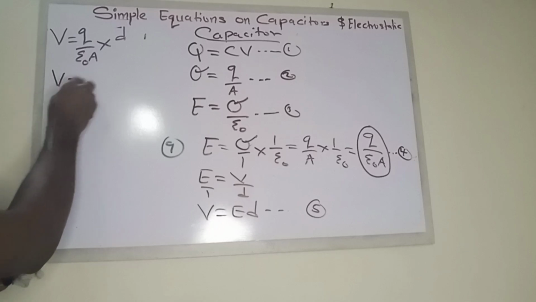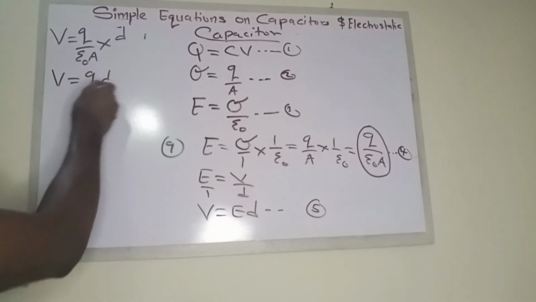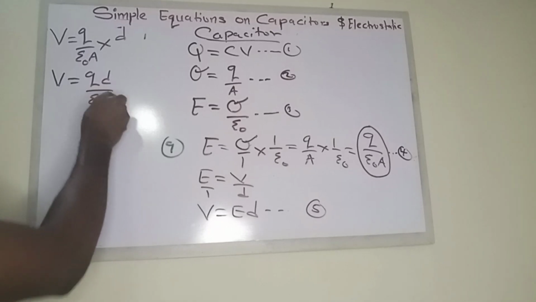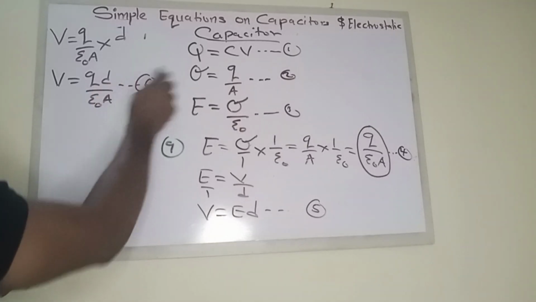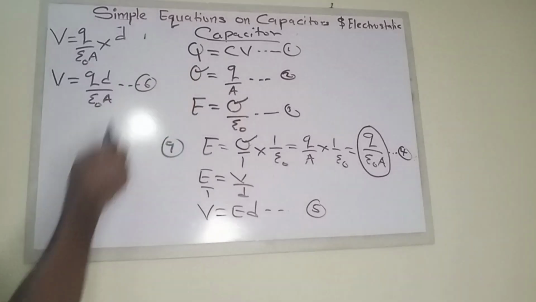So we have V equal to QD over E naught A. Let's call this equation 6.